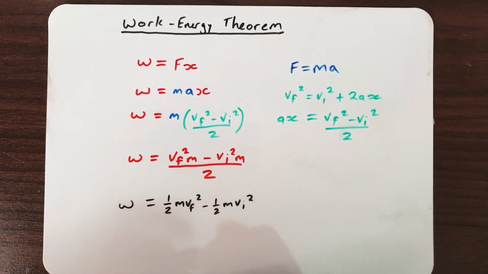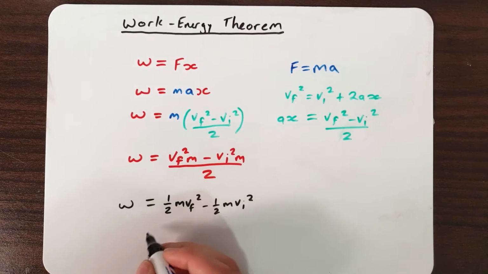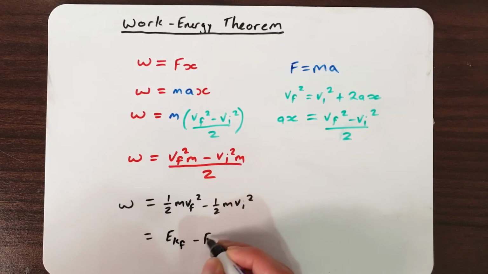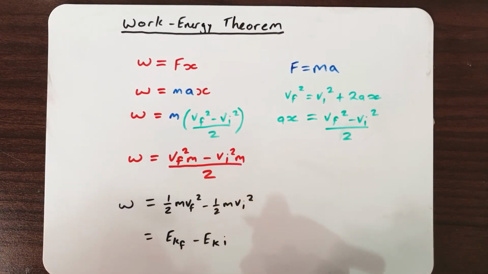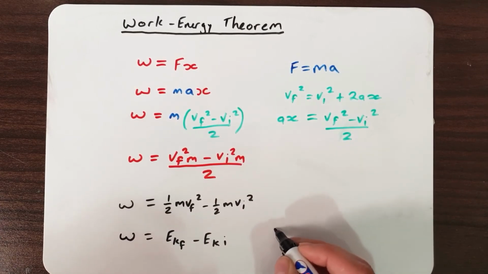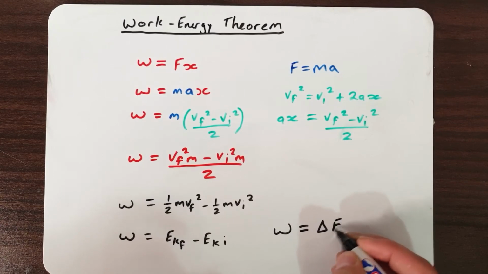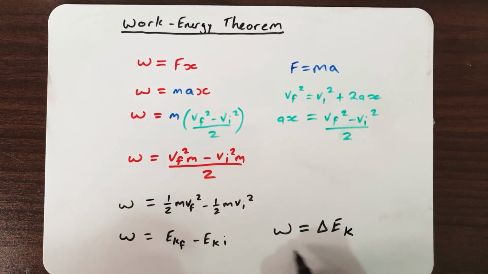Now, are these ringing any bells? What you should see there is this is the same as saying Ek final minus Ek initial, which we can then simplify down to say work is equal to the change in kinetic energy.